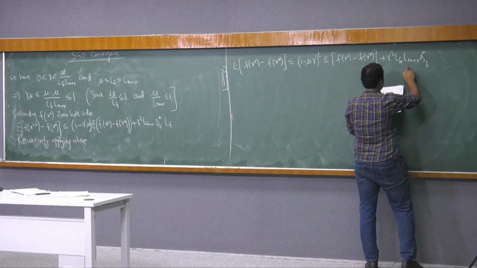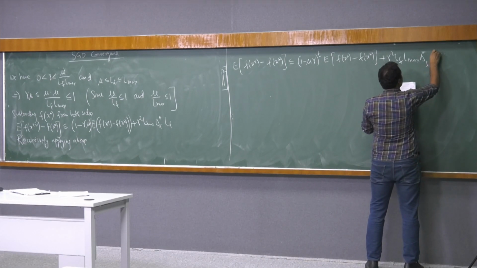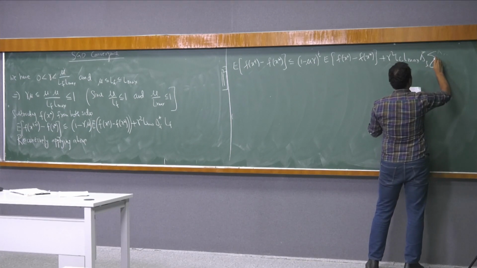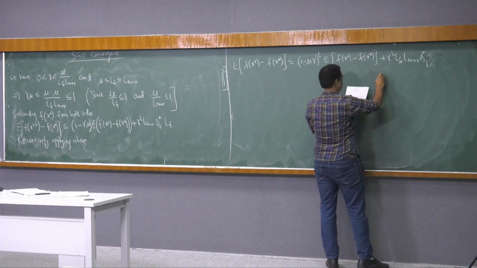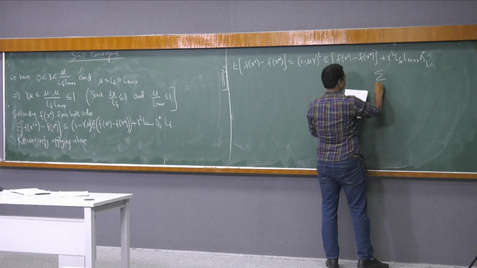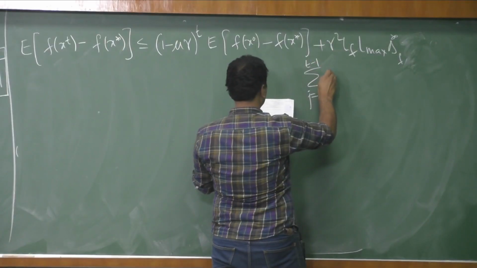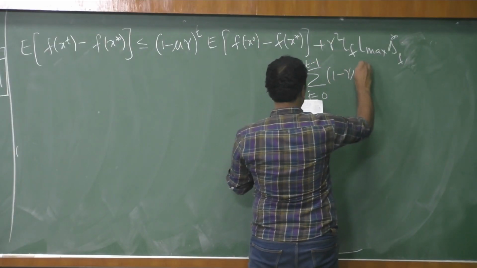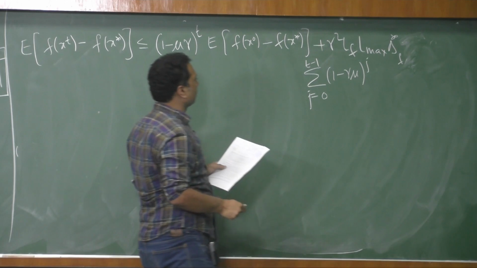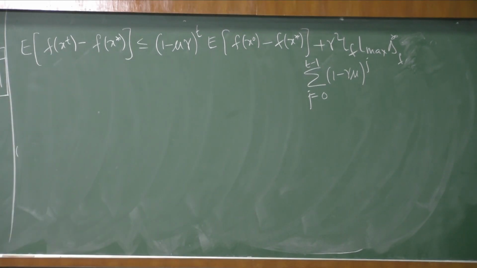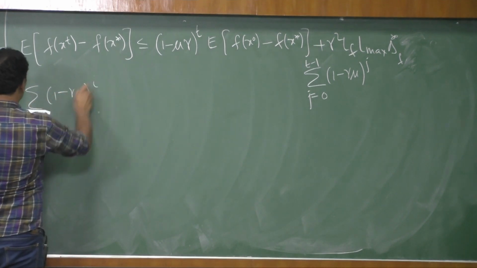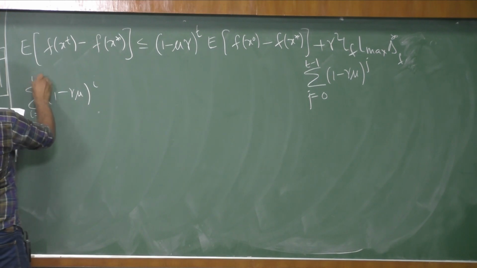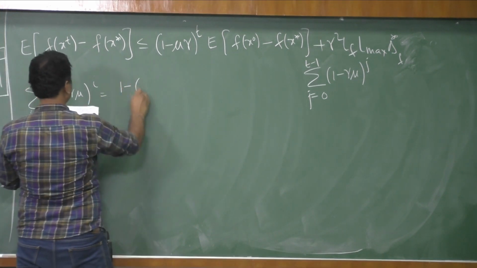So this is gamma square this, and then the sum over j equals 0 to t minus 1 of 1 minus gamma mu to the j. And for the geometric series we have the sum of 1 minus gamma mu to the i, i equal 0 to t minus 1, and we apply the geometric series formula.